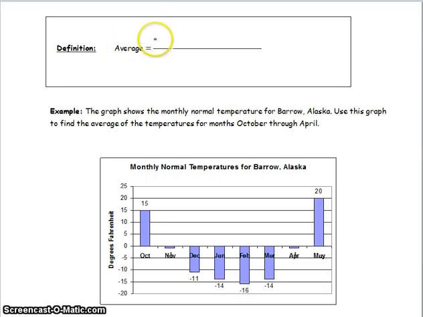So, the definition for average is the sum of numbers divided by the number of numbers. It looks like this pen is not cooperating.